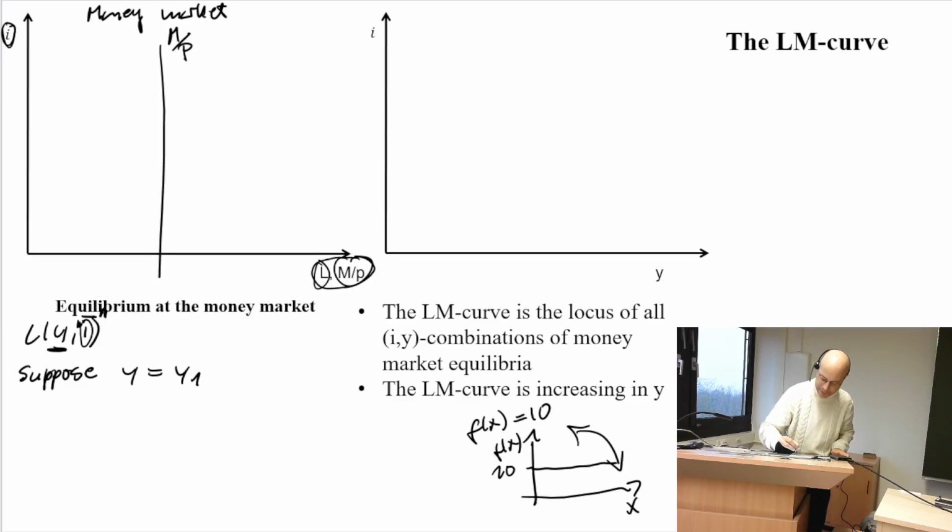We have assumed a negative dependence of money demand on interest rates. Since we now want to draw this function in our diagram, is it a falling function in interest rates or an increasing function if we have this negative dependence?